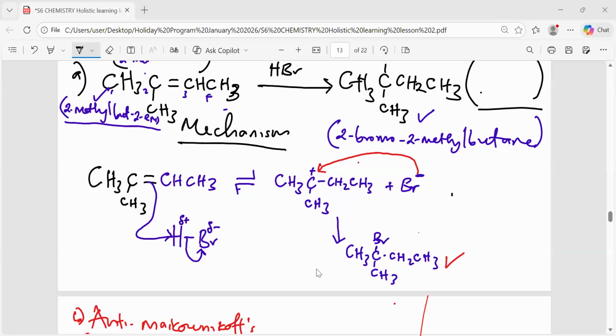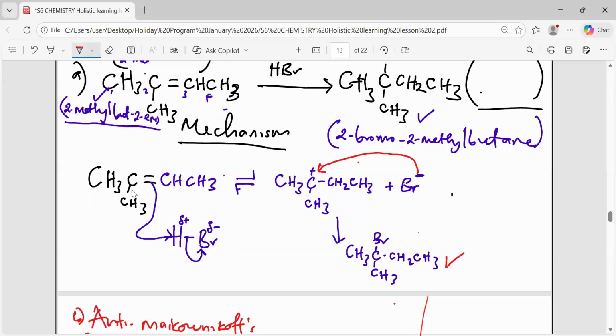Let's move together. Yes, teacher. Are you seeing our initial compound? Yes, I am. You can see even where we have the double bonds, isn't it? Yes. Now, you look at those carbon atoms. There's this carbon atom here and this carbon atom. Markovnikov's rule says that if you're adding a molecule which consists of a hydrogen atom, then the hydrogen atom from the molecule attaches to the carbon atom with more hydrogen atoms.